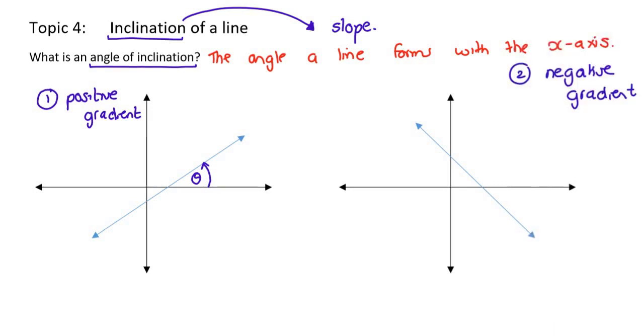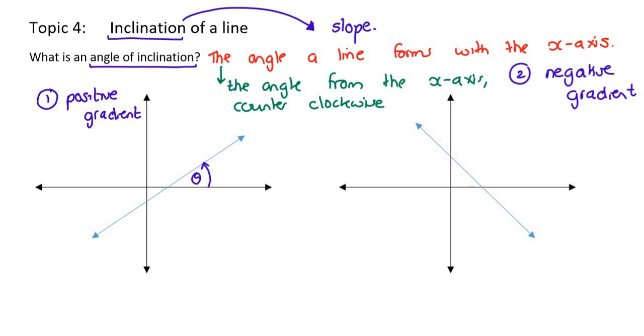Just to flesh that out a bit, what I mean is if you moved counterclockwise from the x-axis till you hit the straight line. Anti-clockwise would be another way to say that. Counterclockwise until you hit the line. So that's what it means, practically.